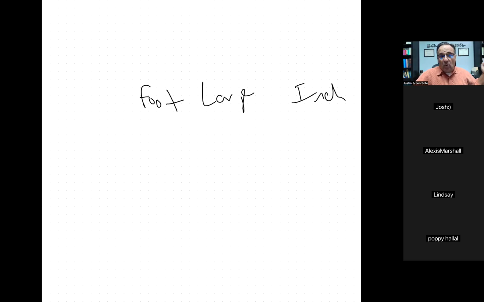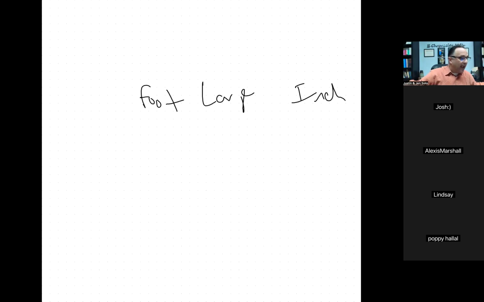So a foot is a larger unit of measurement. Here's a tape measure. On my tape measure, all those right there are inches, and then we get to 1 foot right there. So 1 foot is 12 inches.